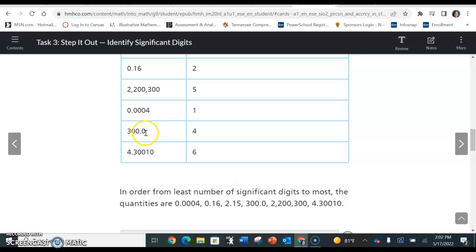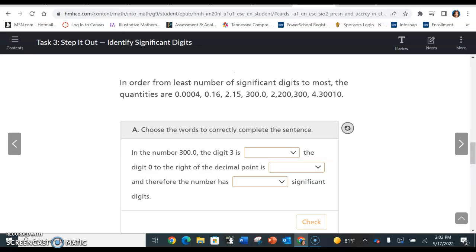If this did not have the decimal 1, then only the 3 would be the significant digit. So it says in order from least number of significant digits to most, the quantities are 0.0004, 0.16, 2.15, 300, this big number here, 2,200,300, and 4.30010.